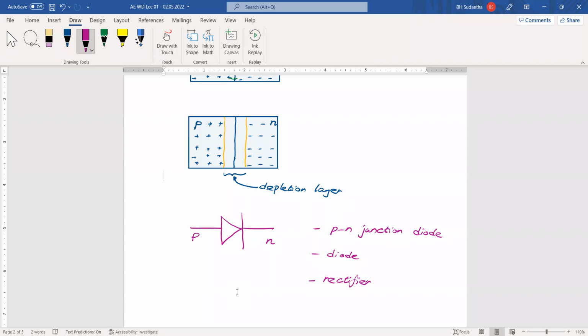If you know how that component behaves when you apply a current or voltage, you know about that component.